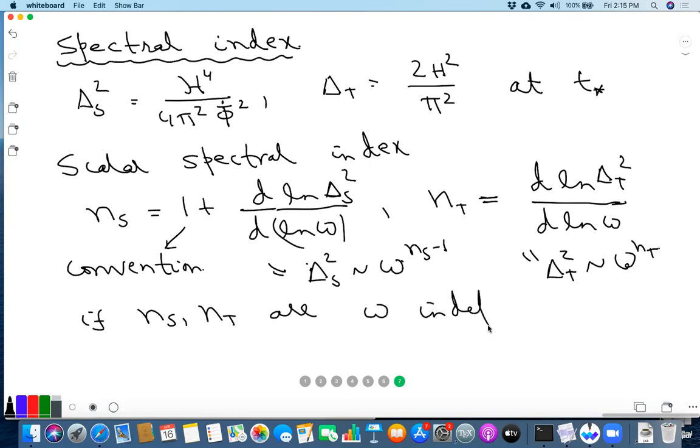Otherwise it's a more complicated dependence on omega. So what we are going to do is to now calculate this for inflation. Are there questions?